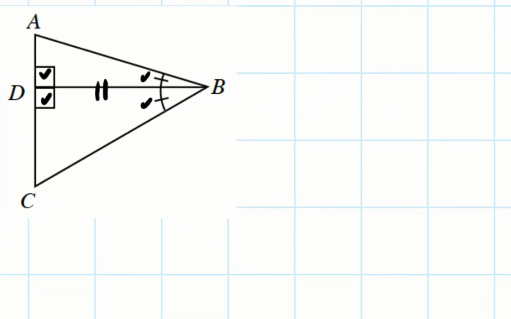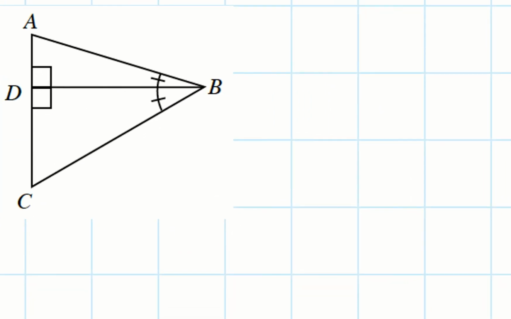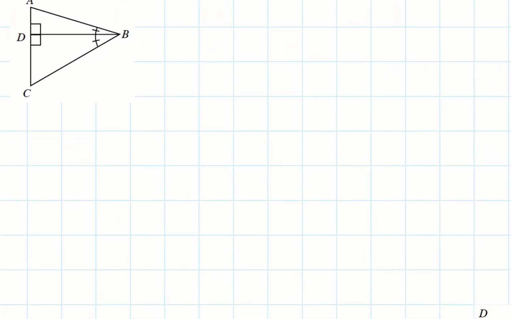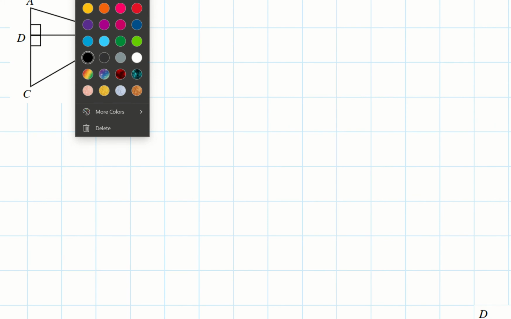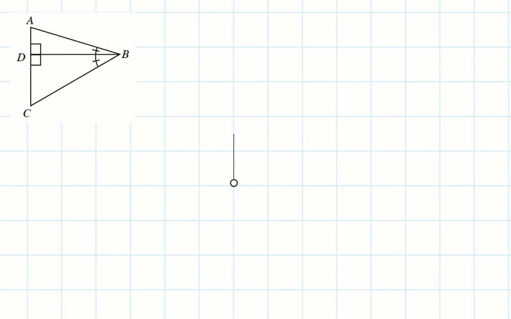On this one, let's go ahead and do a flowchart proof for this. And it's going to have some extra interesting pieces. So let me first of all make this pen a little bit thinner. And let's see if we can do this. So one of the things I pointed out was there is the reflexive property at play here.